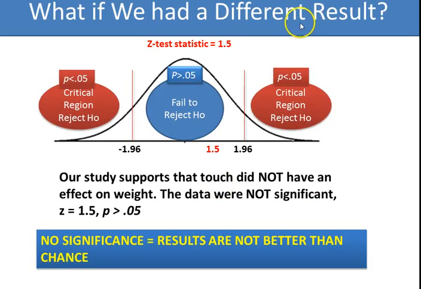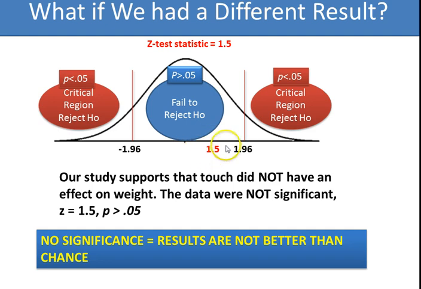If we had had a different result, imagine that when we did the math in step 3, instead of a value of 4, we got a value of 1.5 instead. Notice that in this case, the 1.5 would fall here. It does not fall out in the critical regions, but rather it falls in this high probability area.